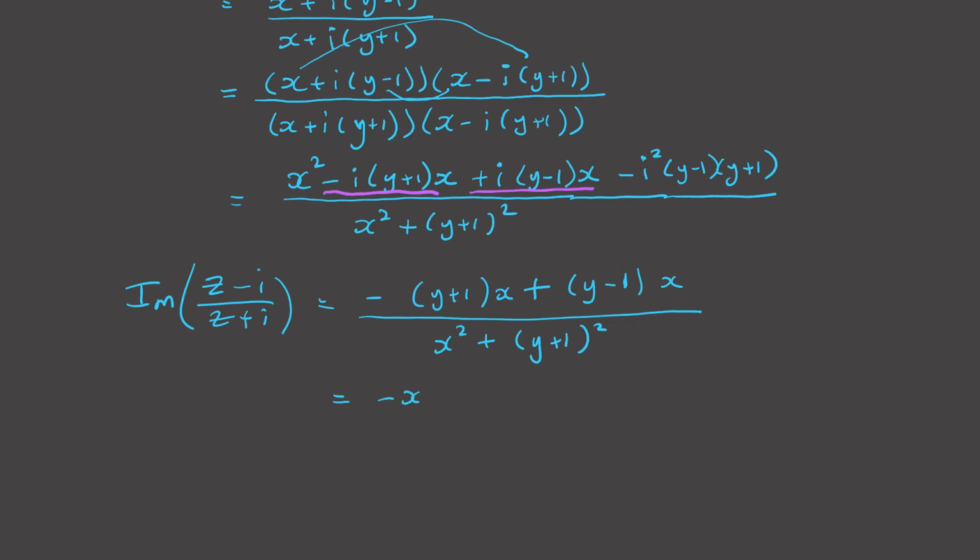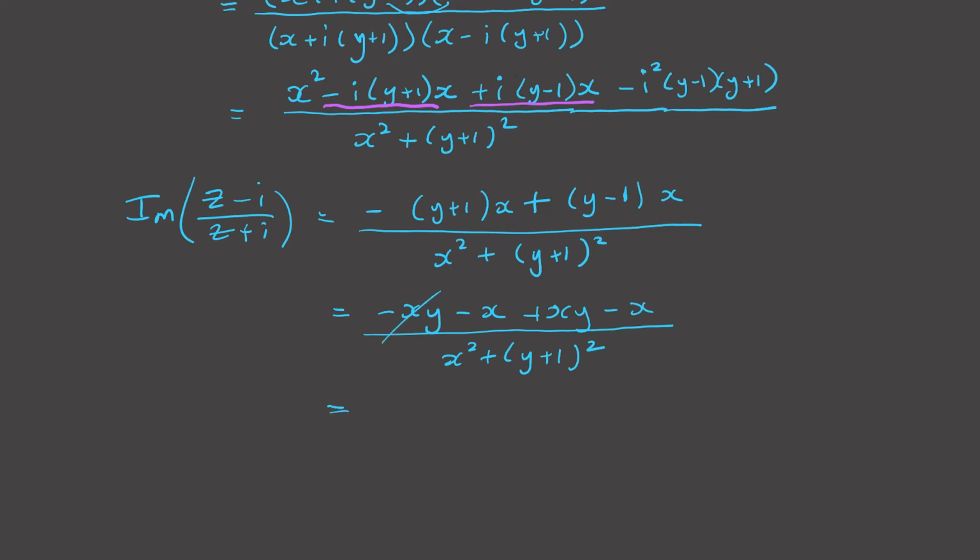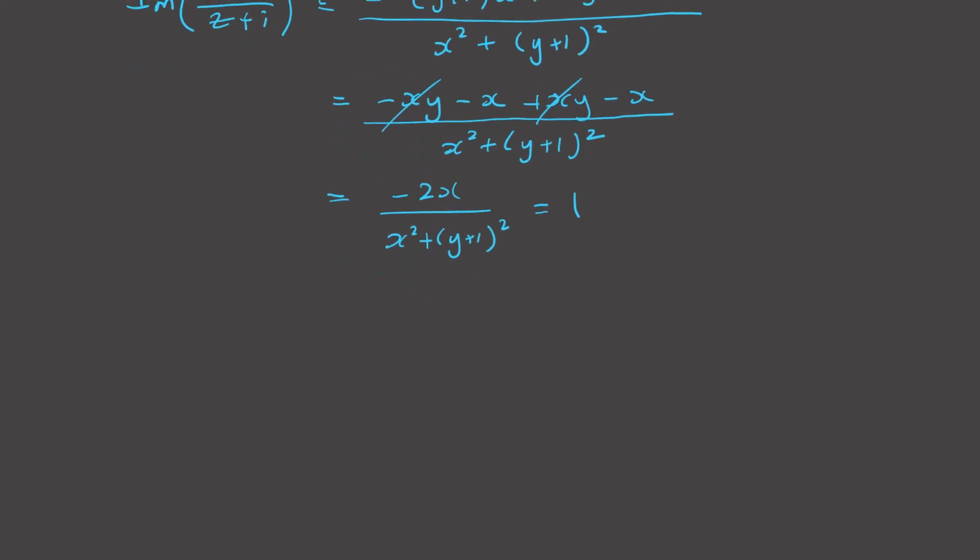We've got negative xy minus x plus xy minus x over x squared plus (y plus 1) squared. So those are going to cancel out, so we've got negative 2x over x squared plus (y plus 1) squared, and we know from the beginning that that has to be equal to 1. And so we have negative 2x is equal to x squared plus (y plus 1) squared.